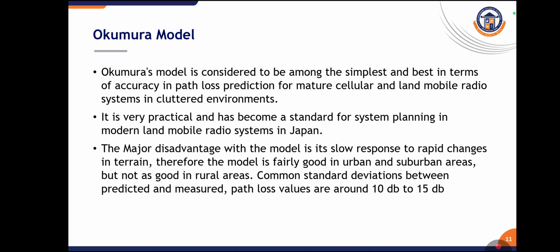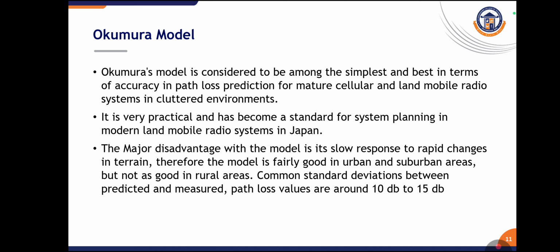Another major disadvantage of the model is its slow response to rapid changes in the terrain. Therefore, the model is fairly good in urban and suburban areas, but in terrain regions it is difficult to determine the path loss, and it is also not as good in rural areas.